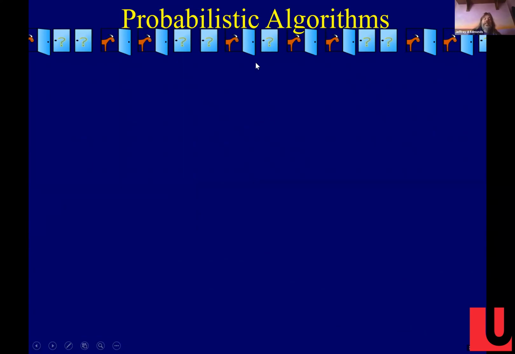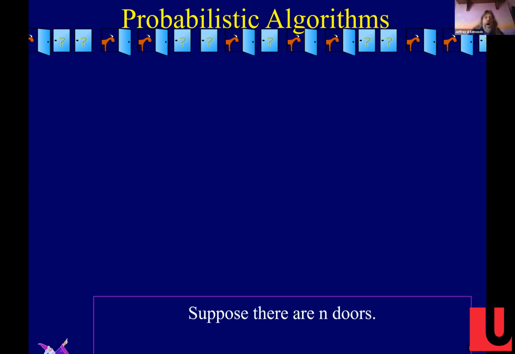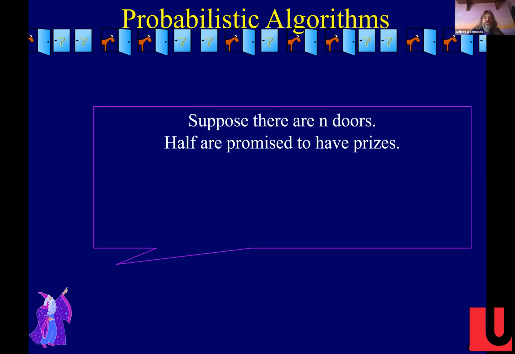All right, so let me tell you a game which I think is kind of fun. There are lots of doors, and behind each door there's either a prize or a goat. I'm promising you that half the doors have prizes.